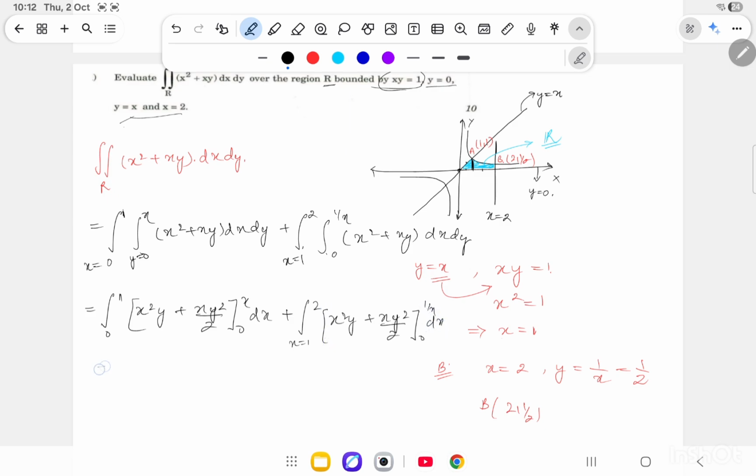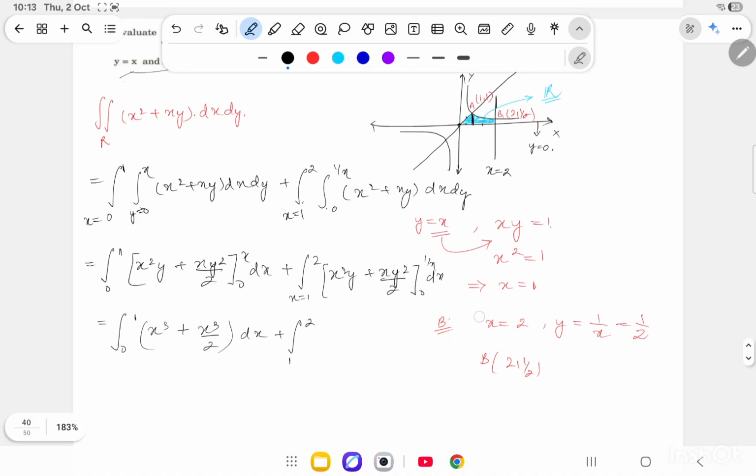Let's plug in the value of y. So it will be the integral from 0 to 1 of x cube plus x cube by 2 dx, plus the integral from 1 to 2 of x plus 1 by 2x dx.